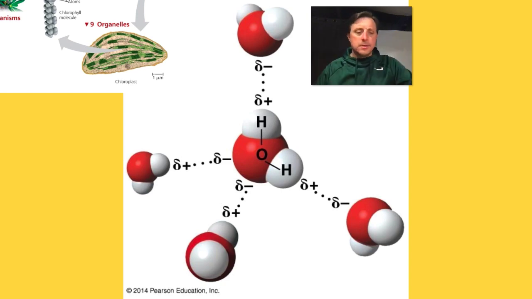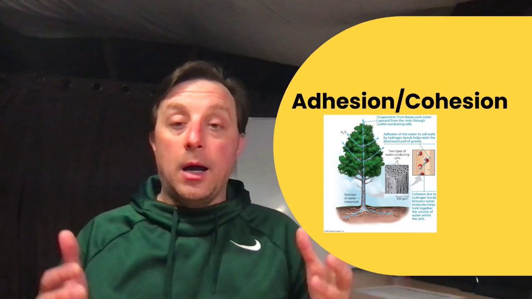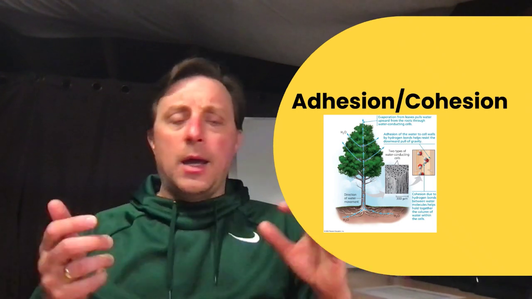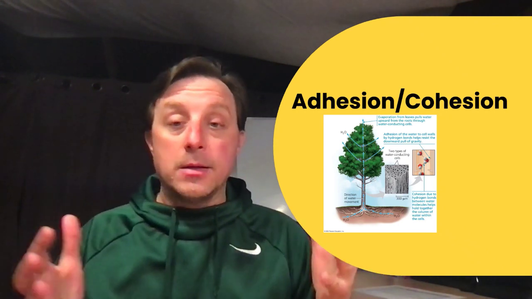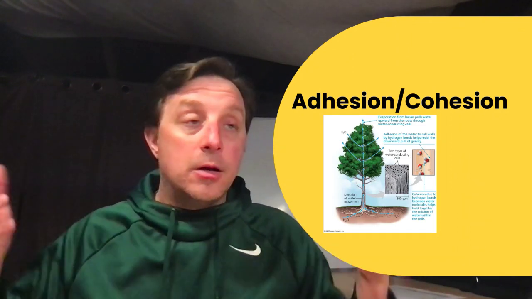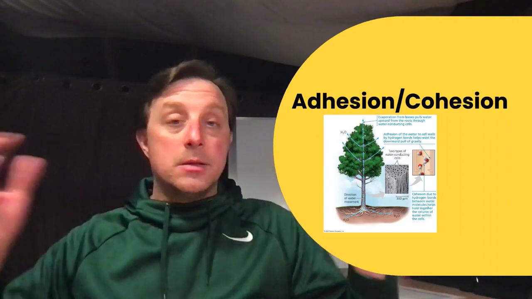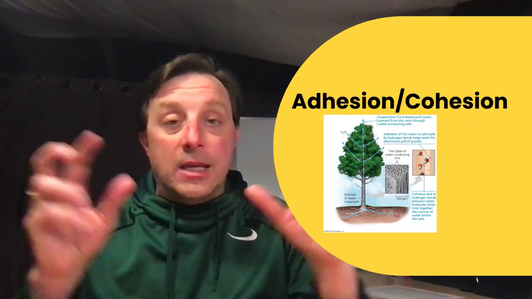Okay, so let's go over some of these emergent properties, and we're really going to focus on the ones that really impact life. Okay, the first is adhesion and cohesion. Right, so this is molecules kind of sticking to each other, right, through these hydrogen bonds.